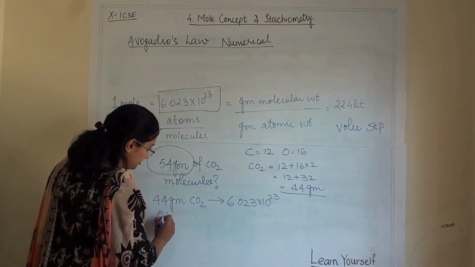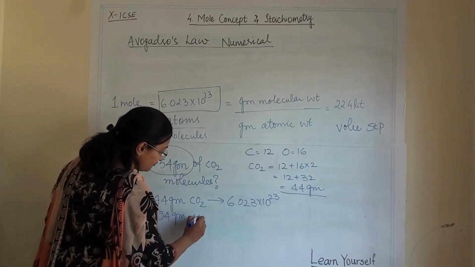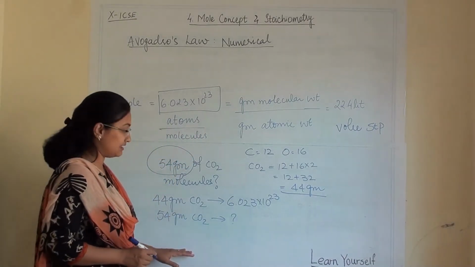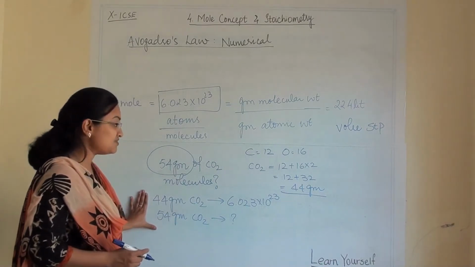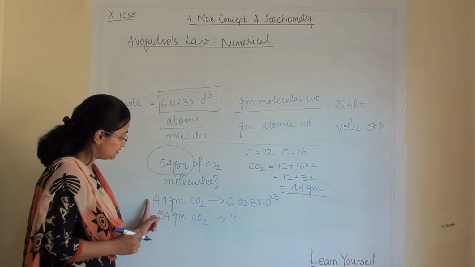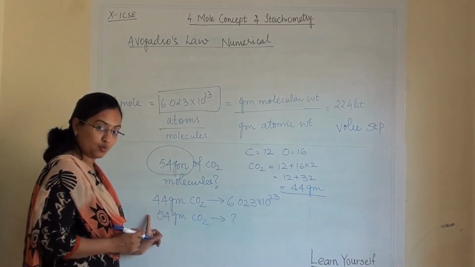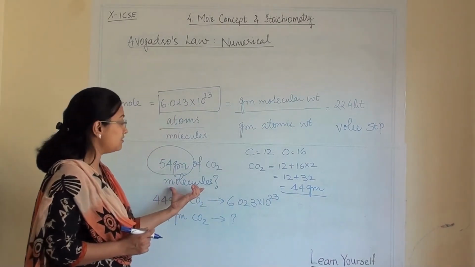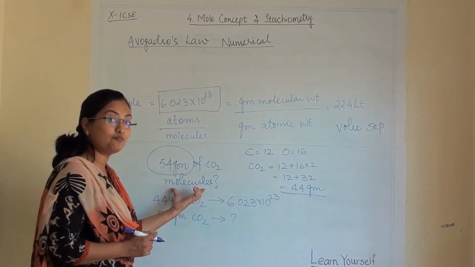Then in 54 gram of carbon dioxide, how many molecules will be there? Whenever you are arranging your sum like this, always be careful that weight comes below weight, and you are finding molecules.